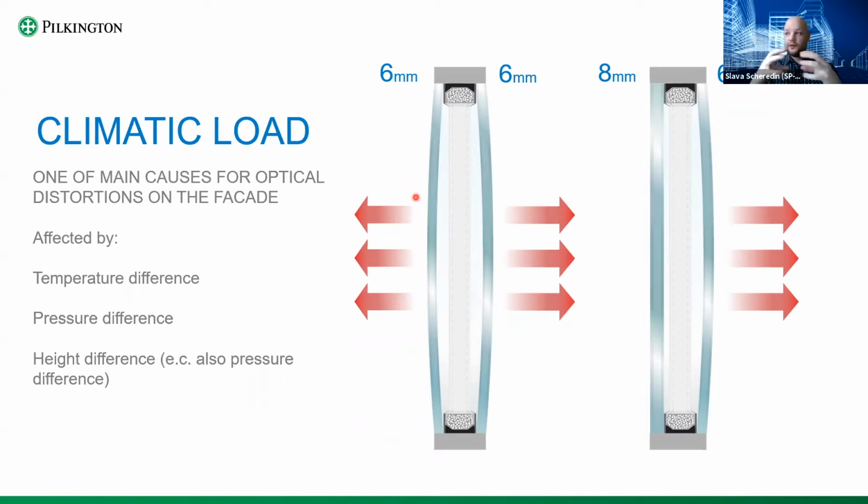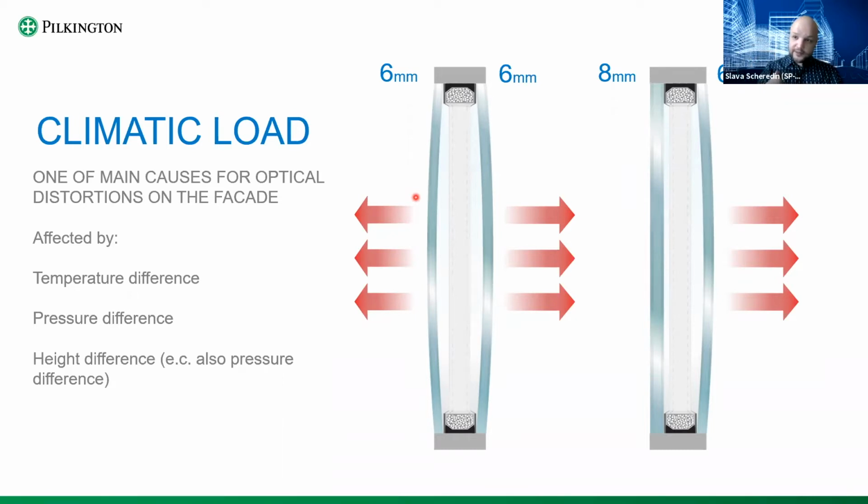The pressure rises and the glass is forced to bend. In case of heating, the bending is outwards. If it is winter, the IG unit gets cold and the bending is inwards. And for example, if you assembled your IG units at sea level and then installed them high on a mountain, the difference in atmospheric pressure can also be quite huge.